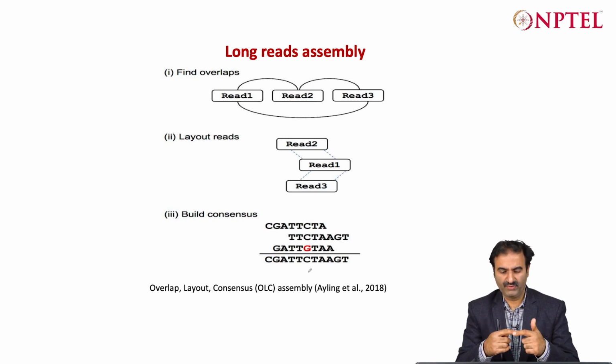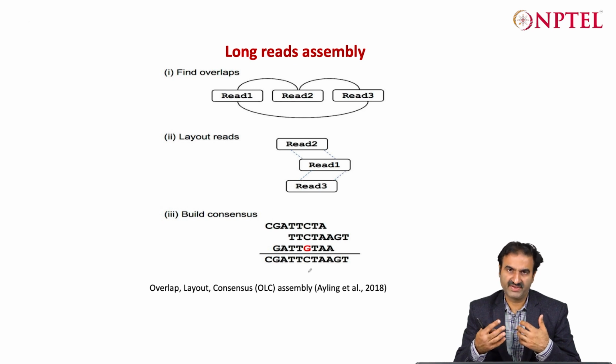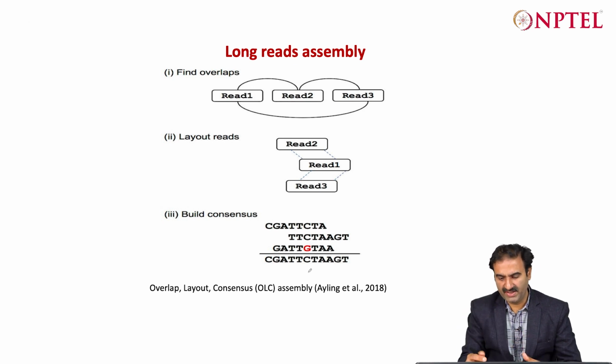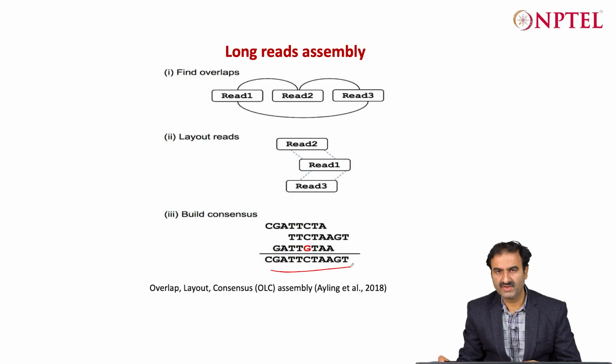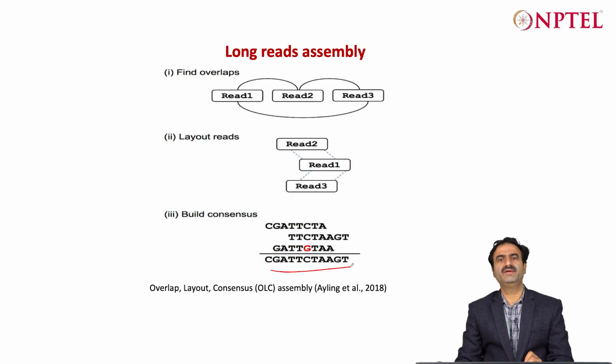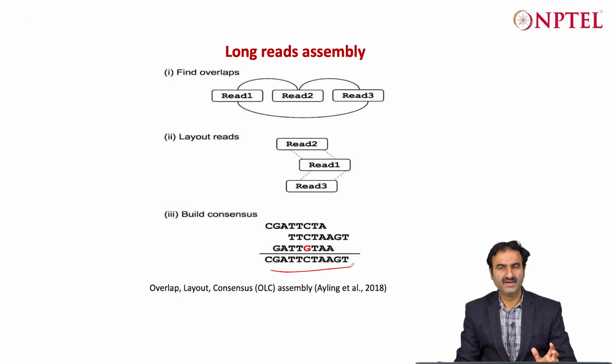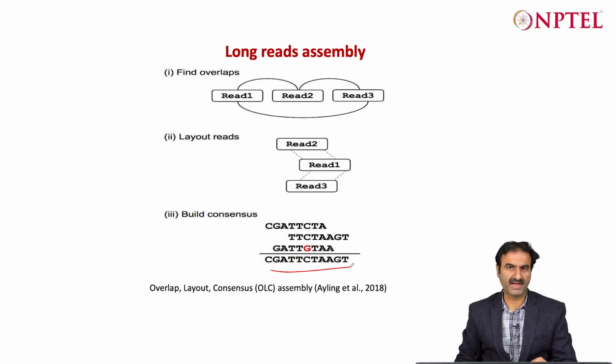So what we do is we look at the overlaps between the reads, and then based on the overlapping reads which are above a threshold, we lay the reads according to their overlap. So that is the layout of the reads, and then we build the consensus, that is arranging the reads which are overlapping and building the consensus. So overlap layout consensus is the basic algorithm which is used by several programs which deal with long read assembly, either PacBio or ONT.